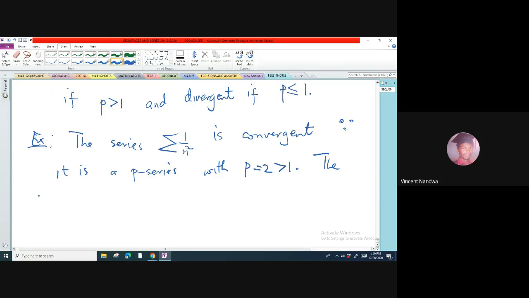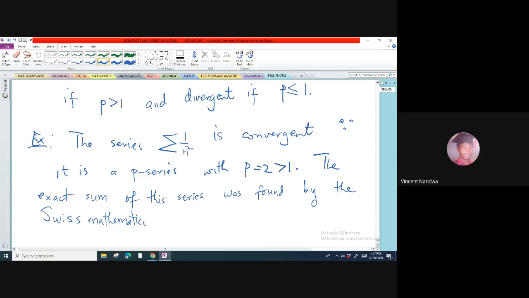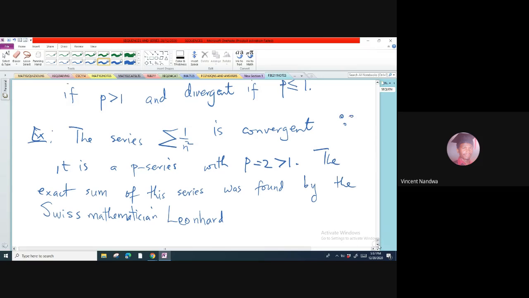So the exact sum was found by Leonhard Euler.